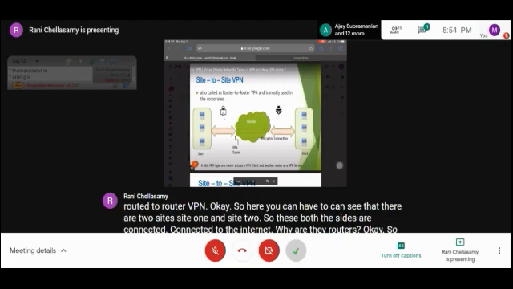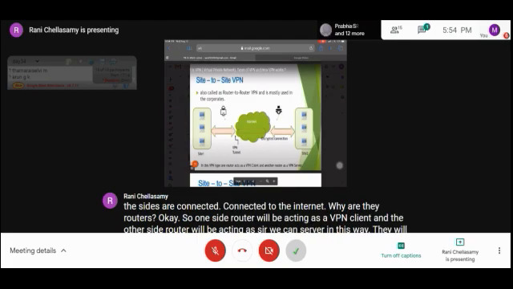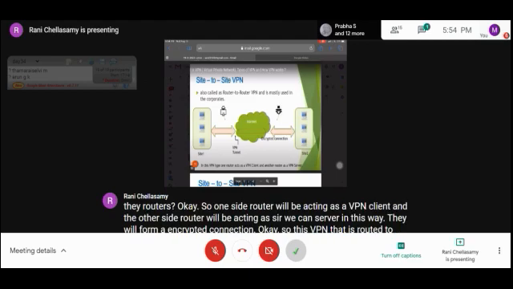In this way, they will form an encrypted connection. Okay. So this router-to-router VPN, or site-to-site VPN, protects the data from hackers or government agencies. Okay.